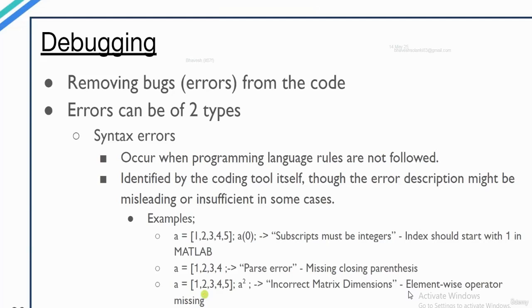And to perform matrix multiplication, we know that the number of columns of the first matrix should be equal to the number of rows of the second matrix. Only then matrix multiplication is possible. So in this case, since that's not true, this will result in the following syntax error. Here, since we don't intend to do a matrix multiplication, we intend to do an element-wise squaring operation, this can be resolved by just using an element-wise operator.